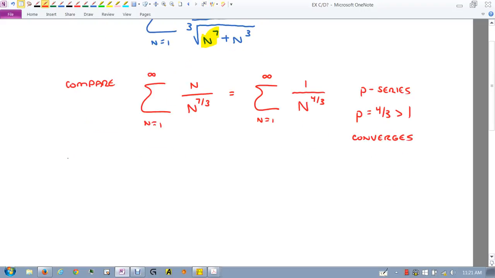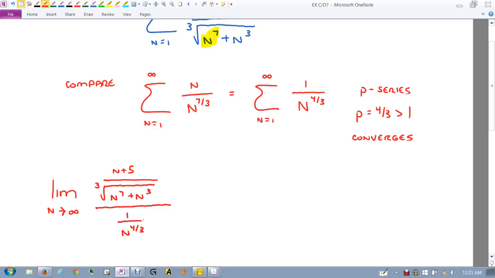So I'm going to do it by setting up a limit. Limit as n goes to infinity. I put the a sub n first, which was n plus 5 over, now this is still ugly too, don't get me wrong, over 1 over n to the 4/3. Flip it.